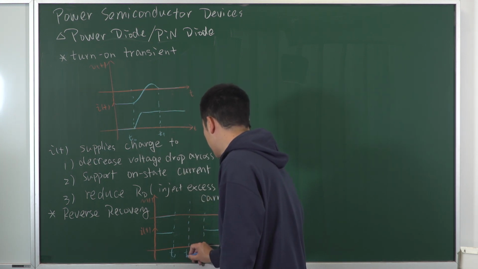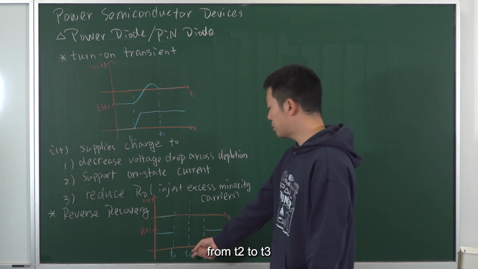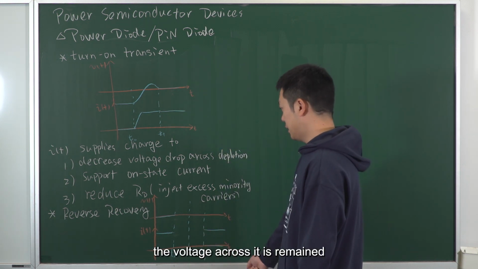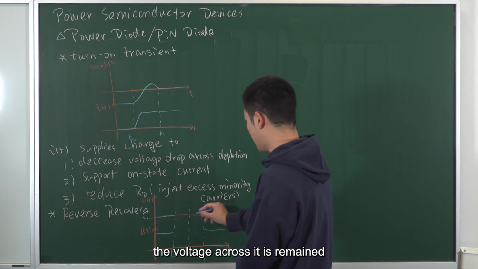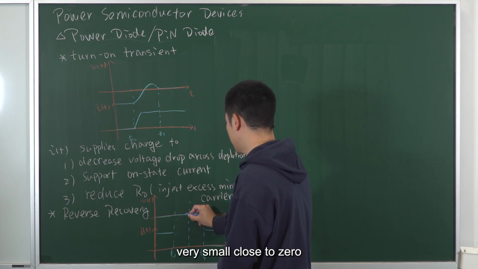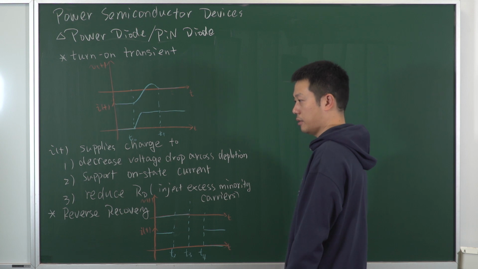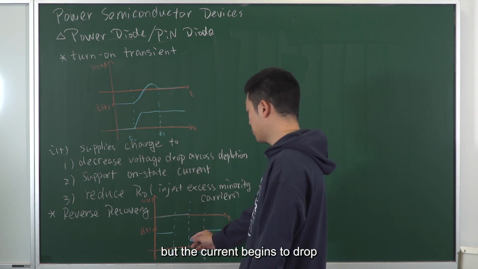Indeed, this process can be divided into two sub-intervals. So here is T3. From T2 to T3, the voltage across it remains very small, close to 0. But the current begins to drop.